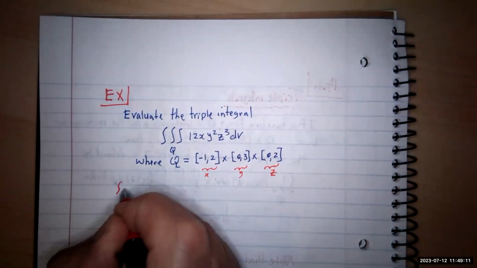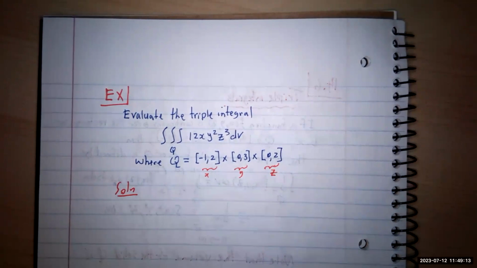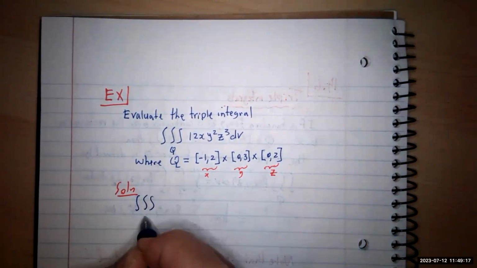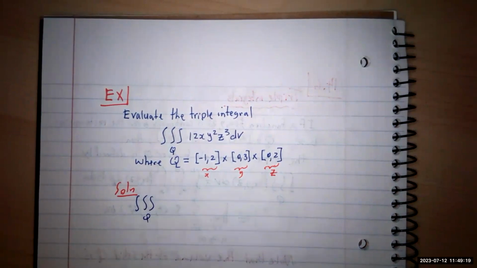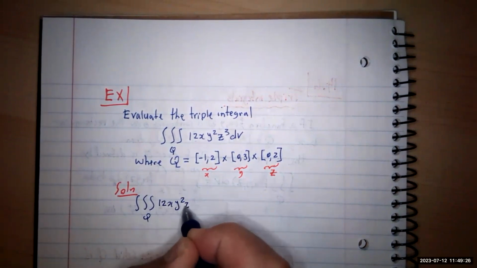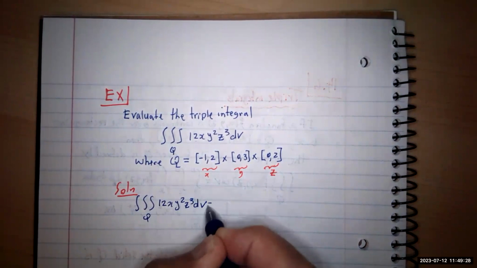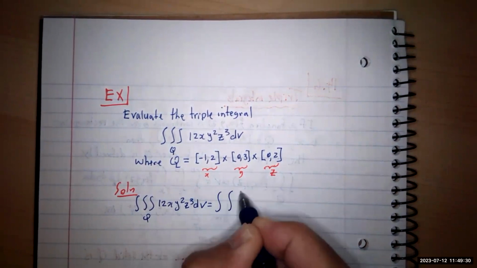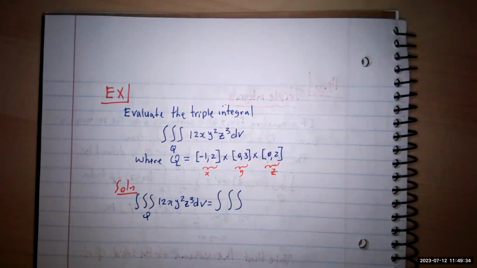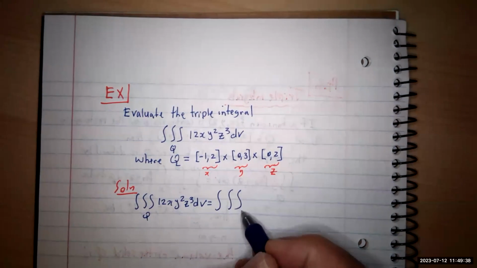Okay, solution. So rewrite it, 1, 2, 3, and 1, 2, 3, 12xy squared z cubed dz dy dx. When it's a number, you can do it in any order. It doesn't matter. Okay, I'll go with the z first. So z is between 0 and 2.